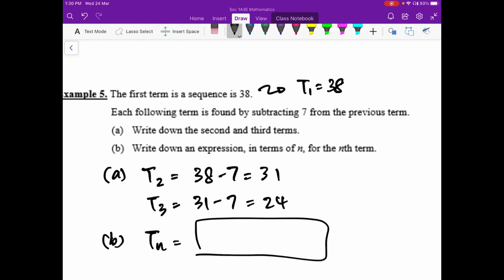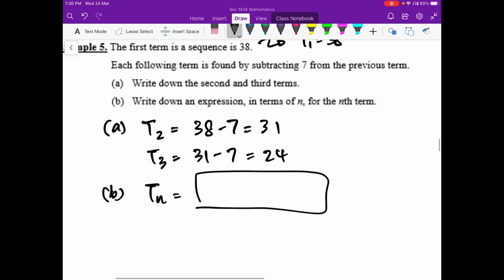It was a constant difference of 5. Then I asked you for the general term. It is similar to this also. There's a constant difference, a common difference, plus 2, plus 2, plus 2 on the board. My example yesterday was plus 5, plus 5, plus 5. This question is minus 7, minus 7, minus 7. They are all common differences. So then, how do we find out the general term?